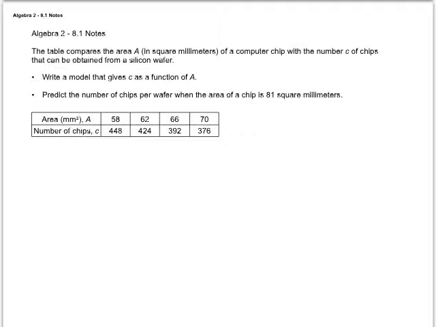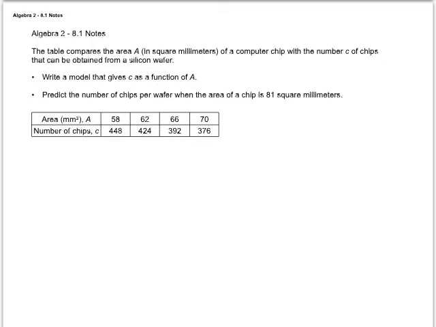And so it says the area of a computer chip. Okay, so we're looking at area, which is the top row. Okay, that can be obtained from a silicon wafer. You can get this many chips from it. So what we're looking at is the area times the number of chips.